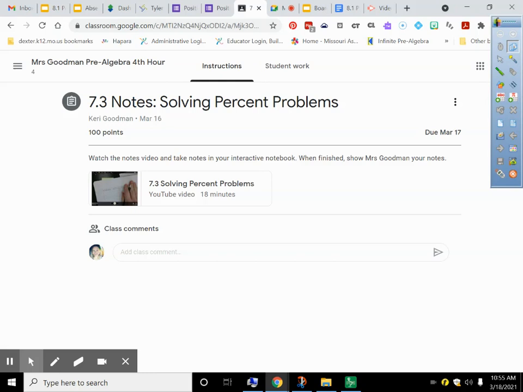Okay, you should have 7.3 solving percent problems, and it says finding the percent of a number. You should have written how to do that in words and an example, and then there were two other examples worked out. Then finding the whole number, you should have it written in words and then in numbers, and then you should have 3 examples for that, and then you should have 2 examples.